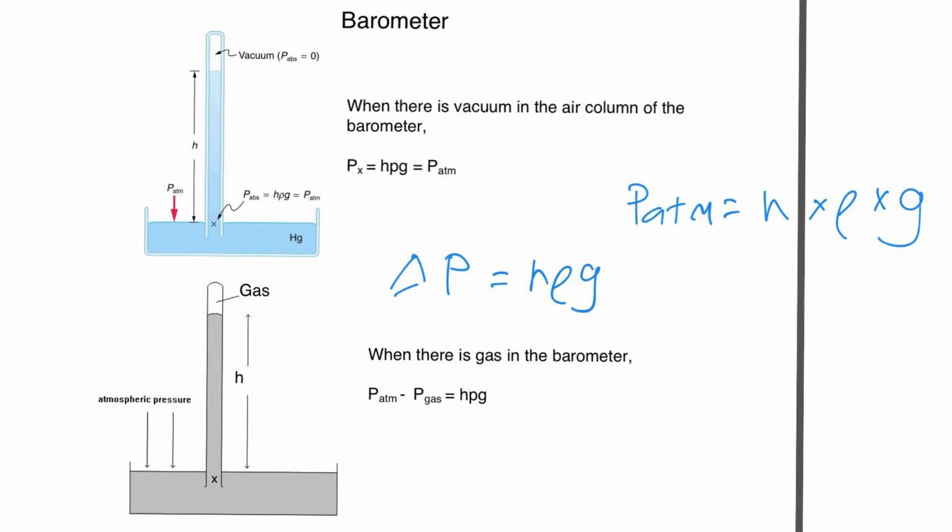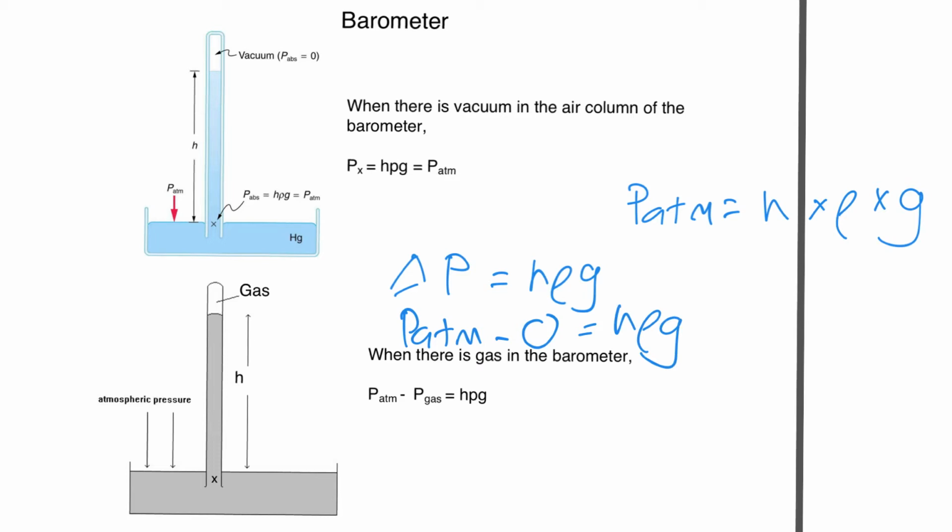But since in a typical barometer the inside of the tube is vacuum, when you take the pressure outside, which is atmospheric pressure, and minus the pressure inside, which is vacuum, which is 0, you get h rho g. So that's how we got the formula atmospheric pressure equals h rho g.